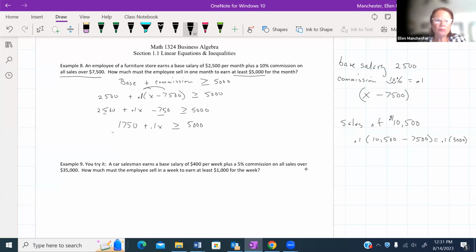Now I'm going to move my 1,750 over by subtracting. So 5,000 minus 1,750 is 3,250. And then I'm going to divide that by 0.1.